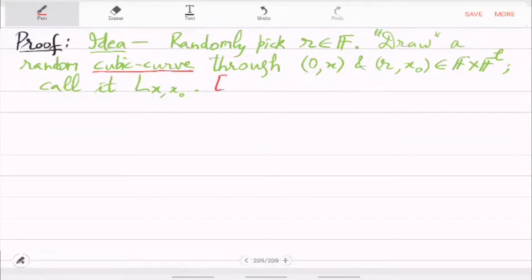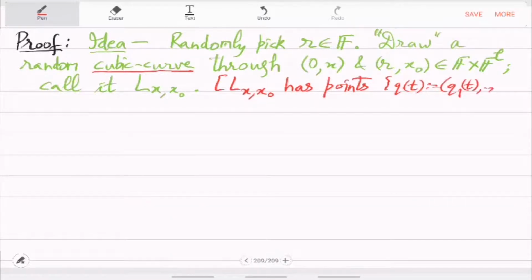Okay, it is a cubic curve. So L of x comma x0 will have points q1(t) to qL(t) for all values t in the field. That is the set of points you are looking at.